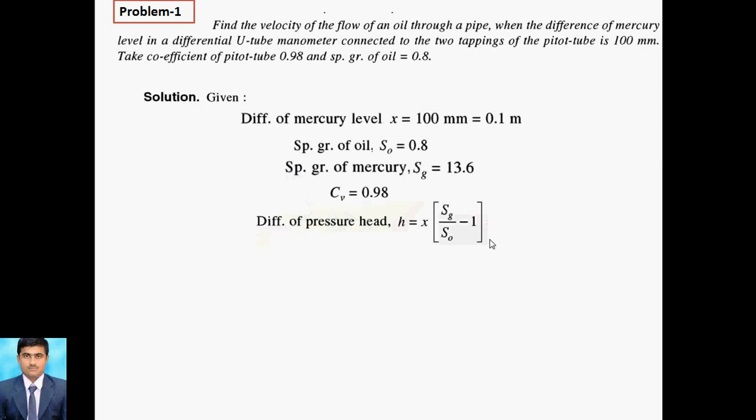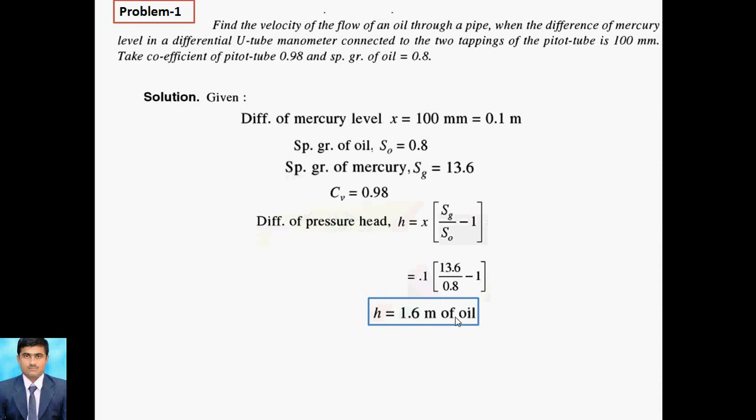Now we go for the differential pressure head, H equal to x times (Sg upon S0 minus 1), because here mercury is used with the lighter liquid in the differential manometer. So I can use this relation and find the H. Instead of x we write 0.1, S0 is 0.8 because the flowing fluid has specific gravity 0.8, and Sg, the specific gravity of the heavier liquid, is 13.6 because mercury is given, minus 1.